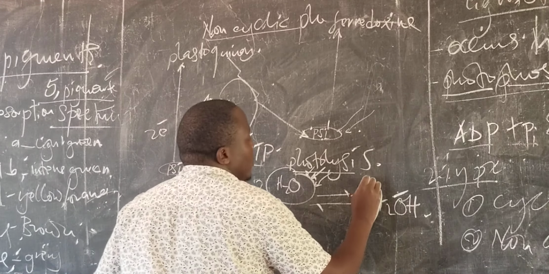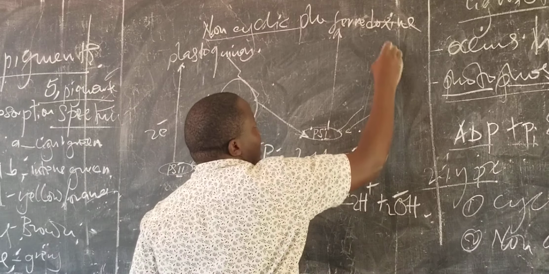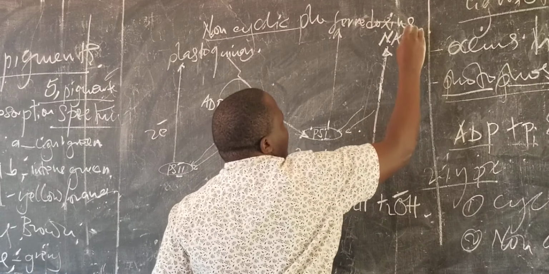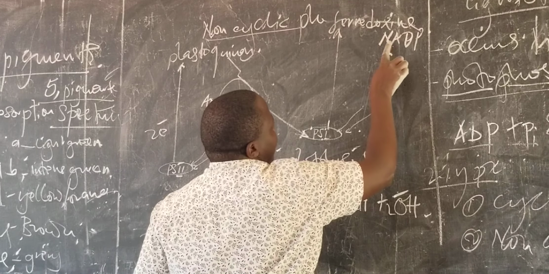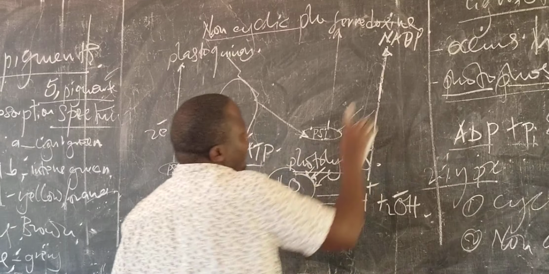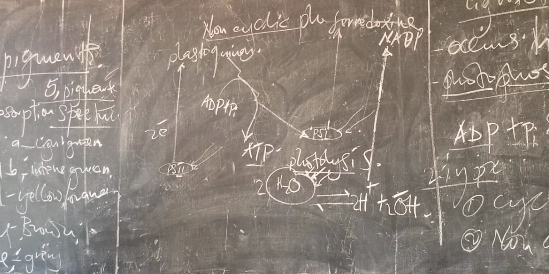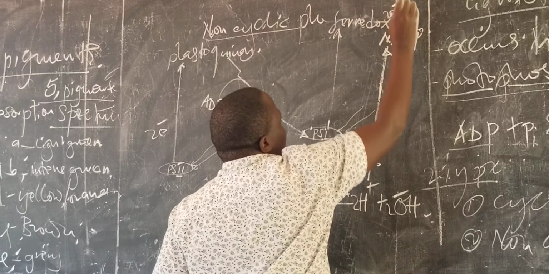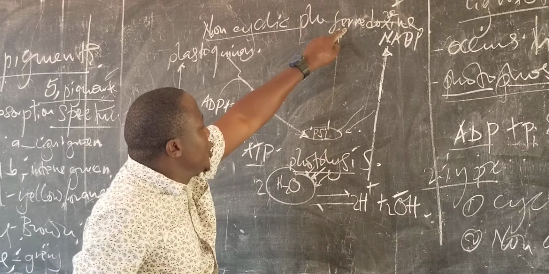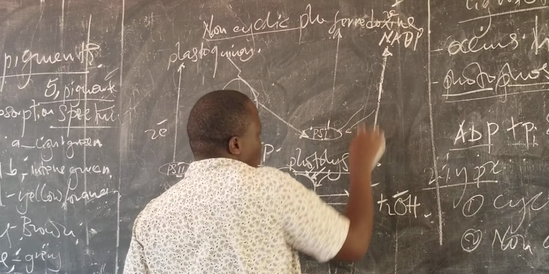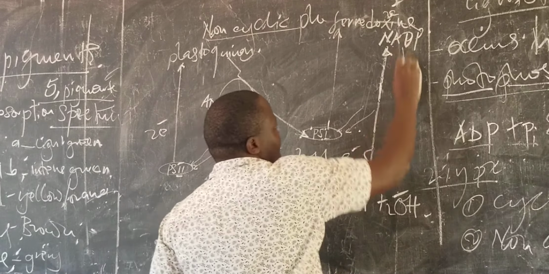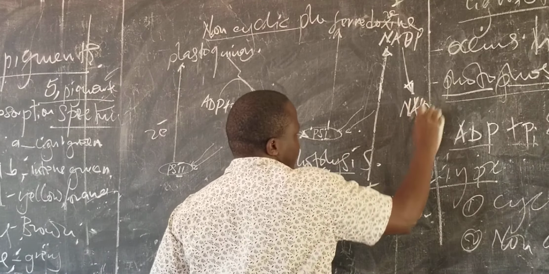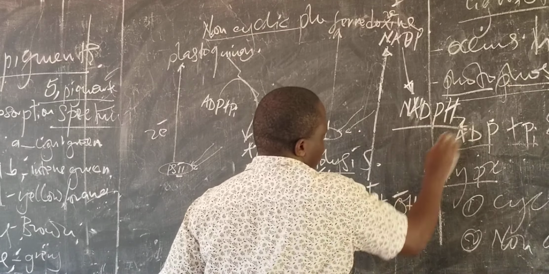These hydrogen ions will move to a high energy level in the presence of NADP, nicotinamide adenine dinucleotide phosphate. Those are organic compounds that exist in the thylakoid membrane. In the presence of the electrons on the thylakoid membrane in the ferredoxin here, NADP will bind with the hydrogen ion and produce a reduced NADP, say NADPH2.